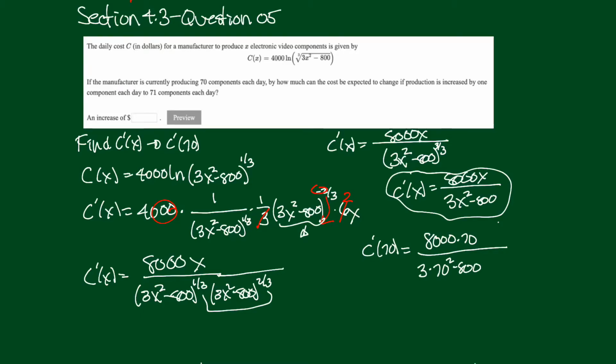And when I do this on my calculator, I am getting 40.28776... So I'm just going to round that off, and I'm going to say we're going to get an increase of about $40. And since it's money, I'm just going to round to 2 decimal places. So I'm going to say going from 70 to 71 units, we're going to increase our cost by about $40.29.